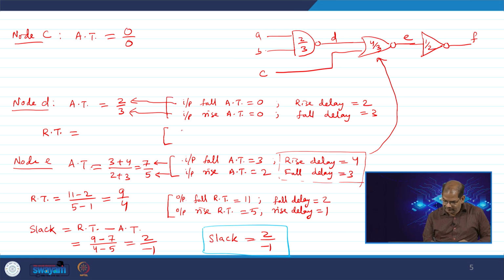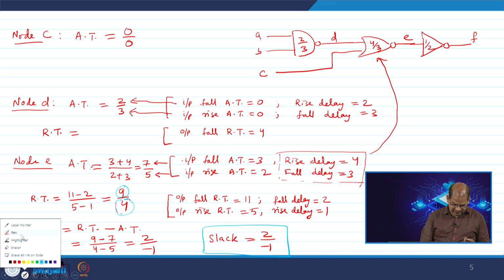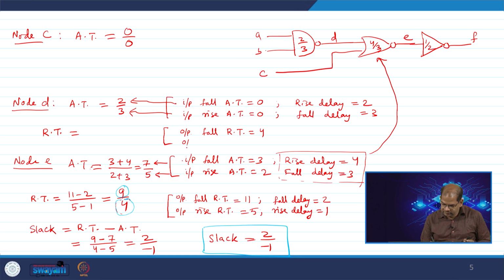So, you have the output required time, which is 4 here. Basically the output required time is this one, and this will be for the rise. So, the output rise required time will be 9.